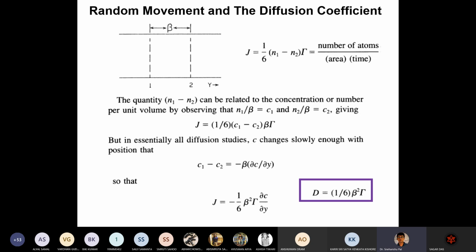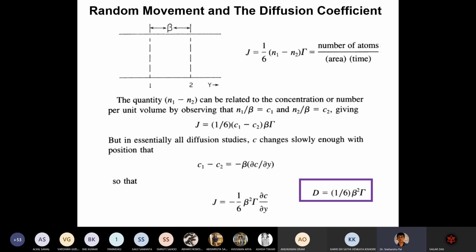The quantity n1 minus n2 you can relate to a concentration, or a number per unit volume, by observing that n1 by beta equals c1 and n2 by beta equals c2. That leads to the expression J equals 1/6 (c1 minus c2) beta tau. But essentially all diffusion studies see concentration changing slowly enough with position, so you can write c1 minus c2 equal to minus beta del c by del y.